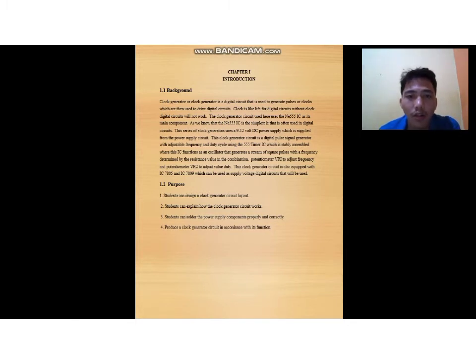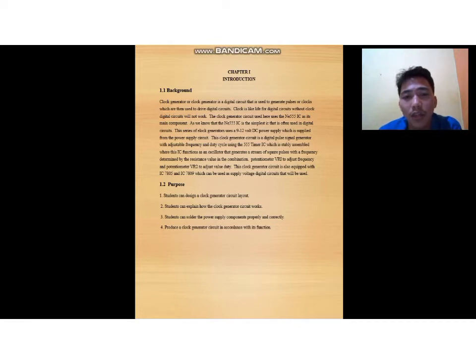This clock generator circuit is a digital pulse signal generator with adjustable frequency and duty cycle using the 555 timer IC, which functions as an oscillator that generates a stream of square pulses with a frequency determined by the resistance combination. Potentiometer VR1 adjusts the frequency and potentiometer VR2 adjusts the duty cycle.